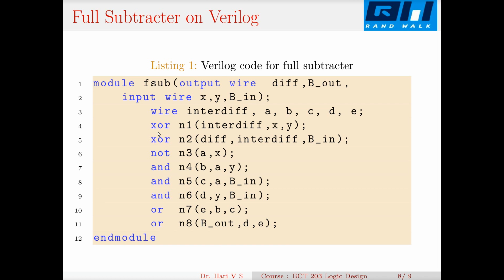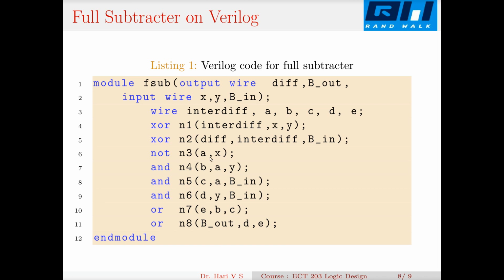So for your understanding, XOR gate, I say N1, the output is interdiff, inputs x and y. So at first x and y are given to this, and output is interdiff. Then to the second exclusive OR gate, that is N2, I apply this interdiff along with my bin, so that I get the difference. So this difference is nothing but xn XOR y XOR bin. The output of these two XORs together forms my difference bit.